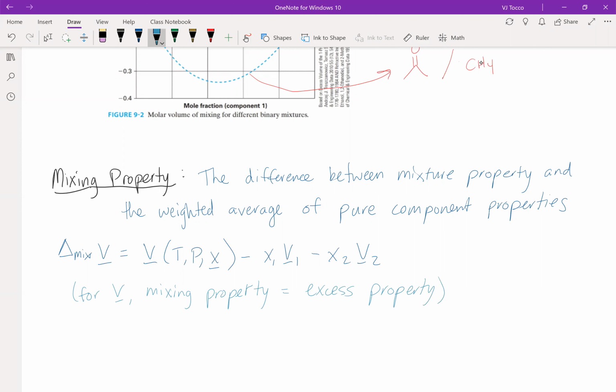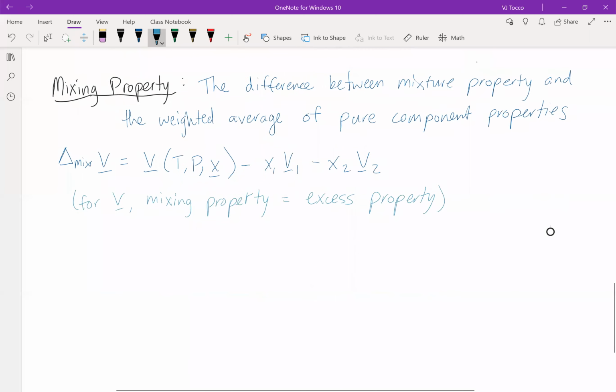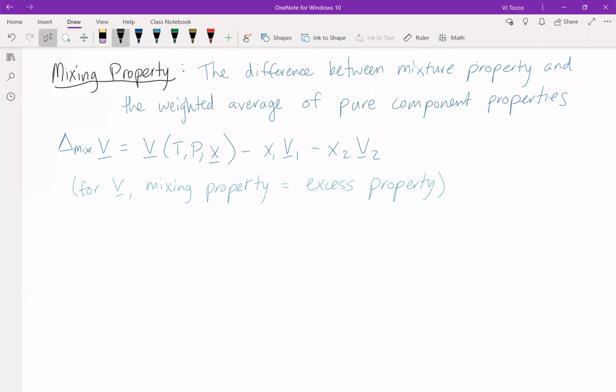Okay, so the very subtle difference here is that the mixing property is the difference between the mixture property and the weighted average. The excess property is the mixed property minus the ideal solution property. So why the semantics here? Why do we have to differentiate between these two?